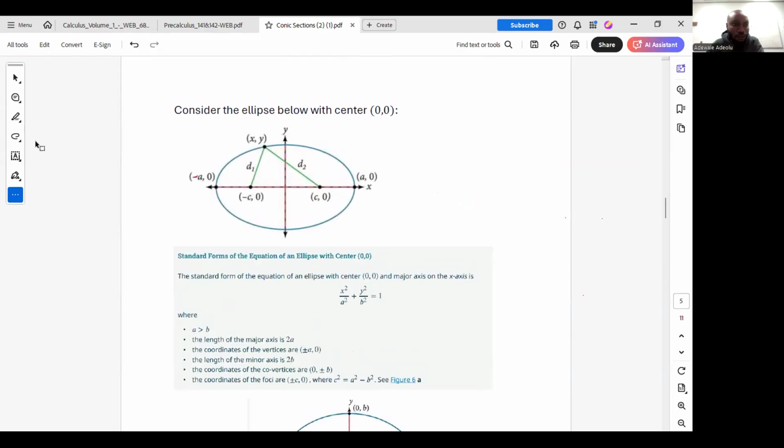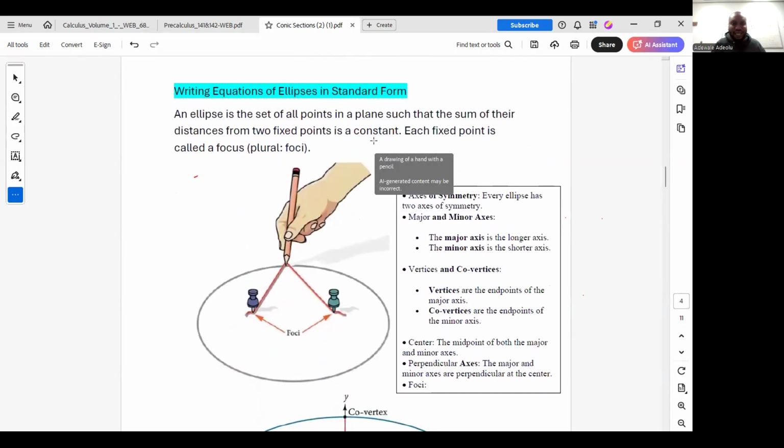Now, breaking down what I showed you the other time, there is one important thing I need to mention to you. An ellipse is a set of all points in a plane such that the sum of their distances from two fixed points is a constant.